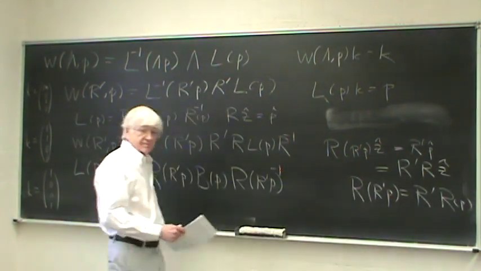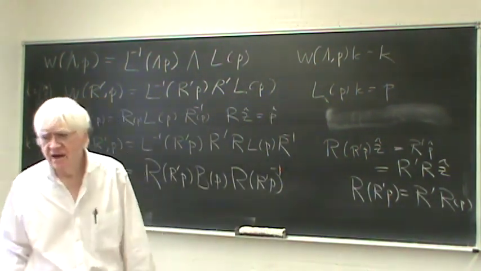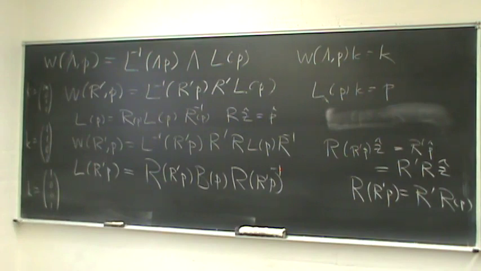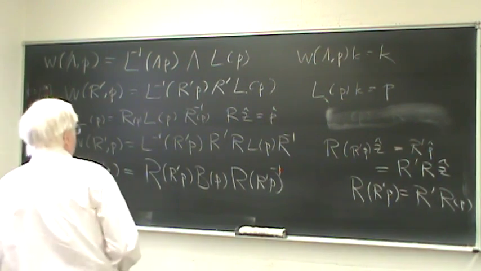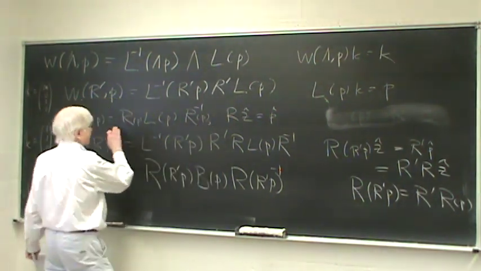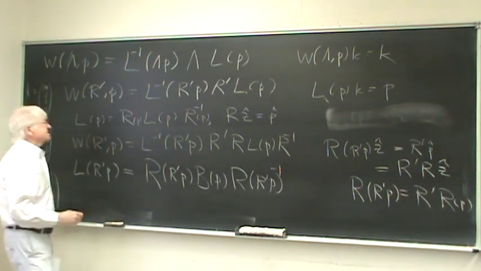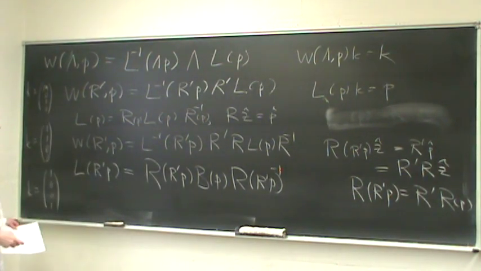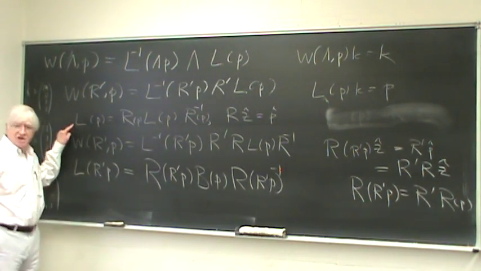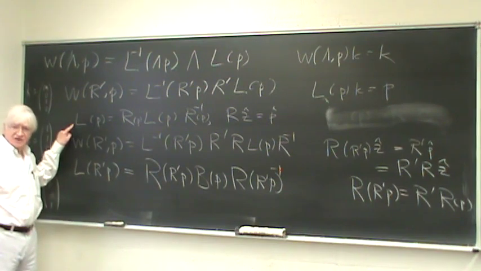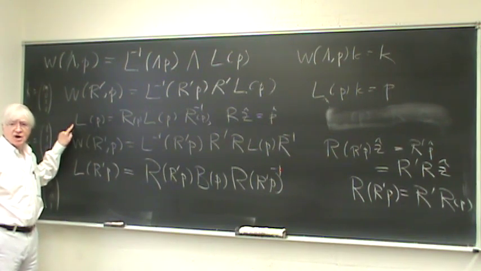Yeah, I was wondering why. So why do we have this property that R of P, L of P, R of P inverse equals R of P? You mean this one here? Yeah. Why? This is the definition. This is the definition of the standard Lorentz transformation for massive particles.